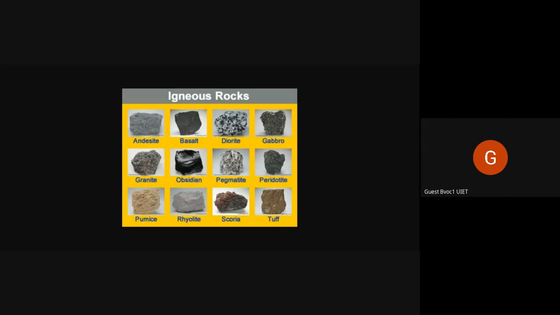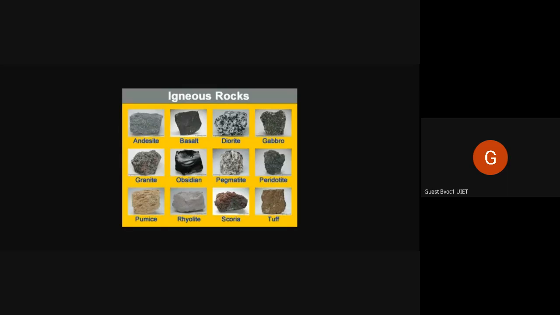Some of the examples are sandstone. Like igneous rocks have the properties that they're glassy or they can be coarse, but they're usually porous. But sedimentary rocks have a visual characteristic that they have these layers.